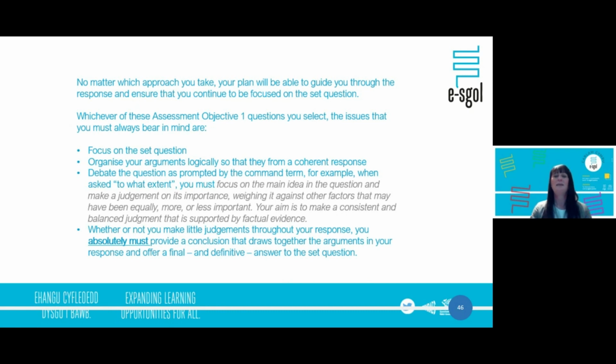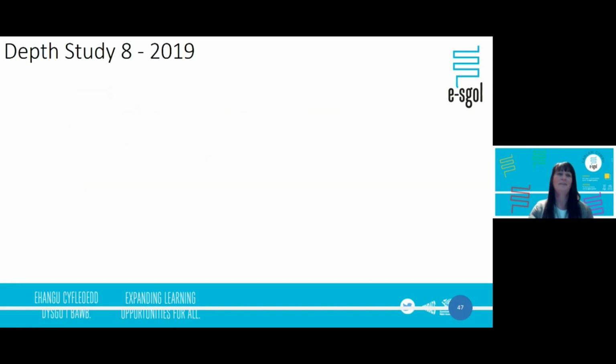Your aim is to make a consistent and balanced judgment that is supported by factual evidence. Now, whether or not you make little judgments throughout your response, you absolutely must provide a conclusion that draws together the arguments in your response and offers a final and definitive answer to the set question. So I don't think they could be much clearer than that.